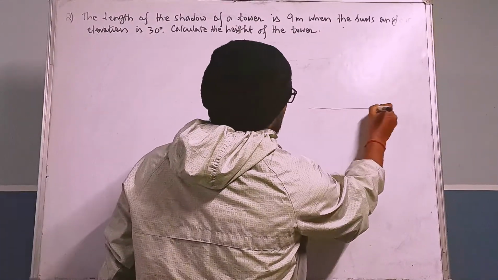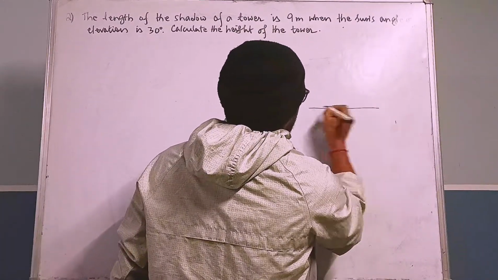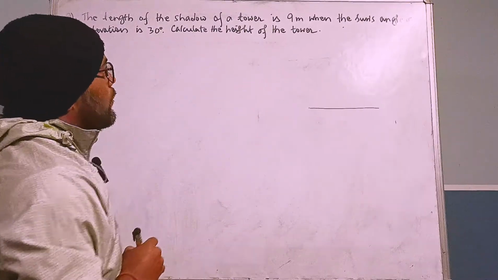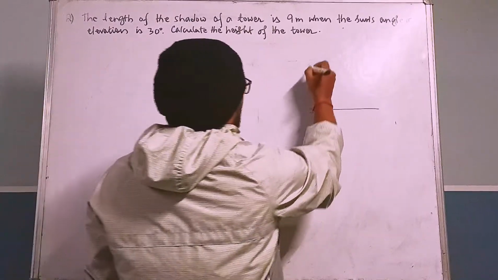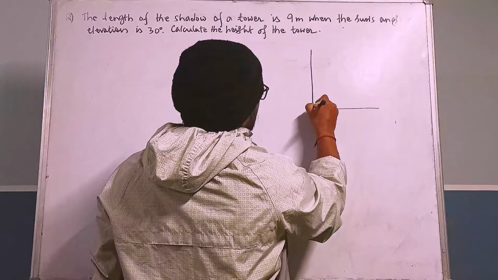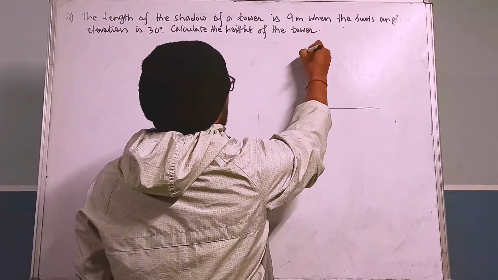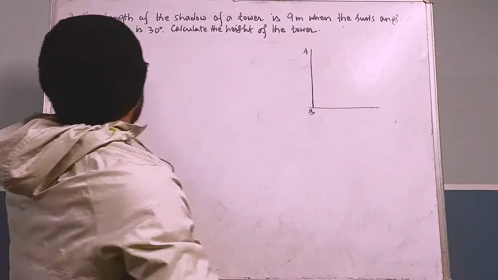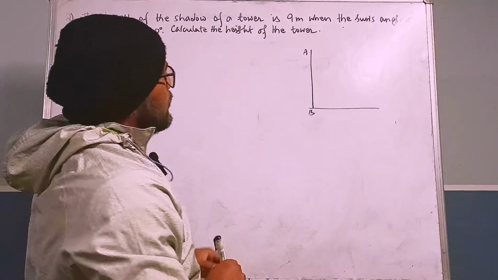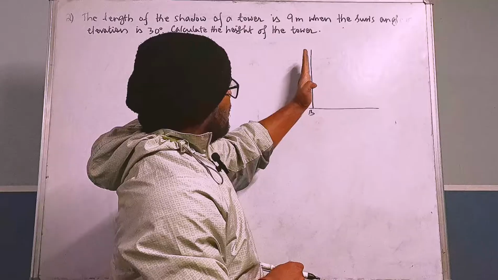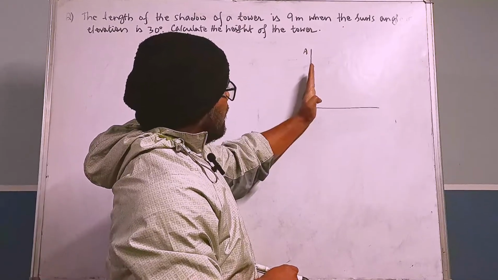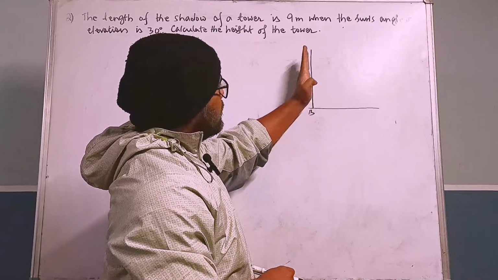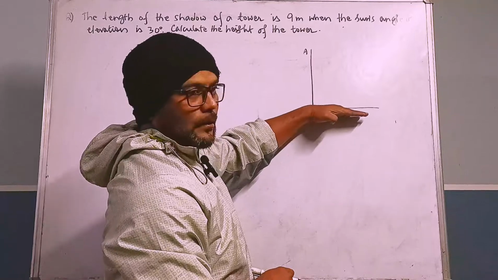First of all, just draw the diagram. Draw the ground, and a tower is here. Write AB as the height of the tower. It is very clear that this is the tower, and you find the shadow of the tower at this point on the ground.